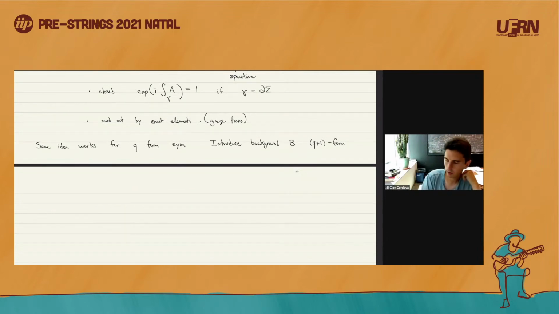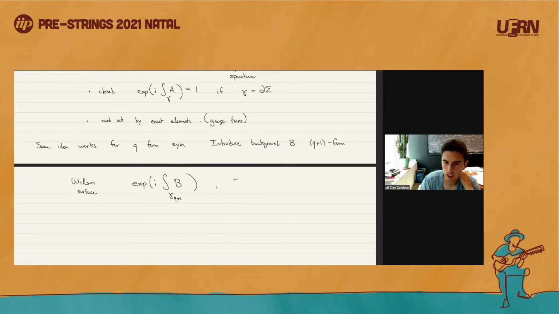So what we will do is study the Wilson surface, which is the exponential of i times the integral of B over any Q+1 cycle gamma.